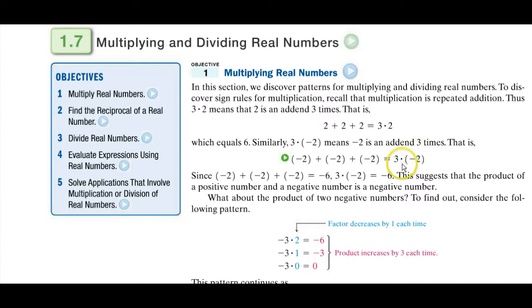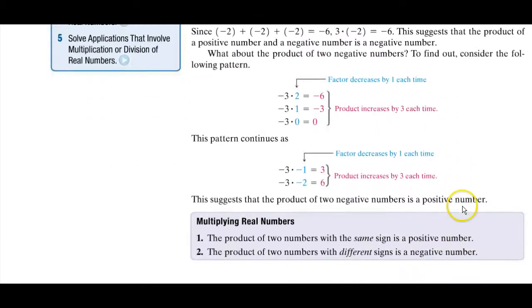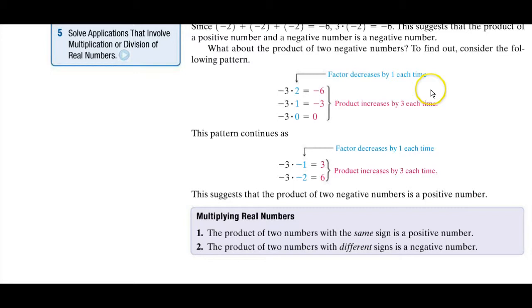But if one is positive and one is negative, we're going to end up with a negative. Now, if both numbers are negative, negative times a negative gives you a positive. And again, negative times a negative gives you a positive.